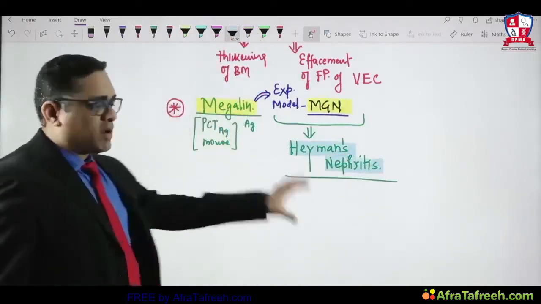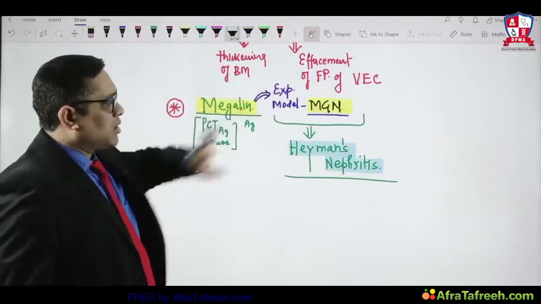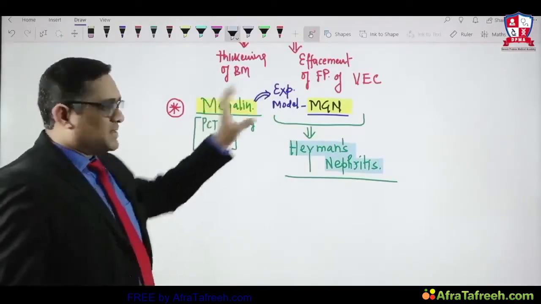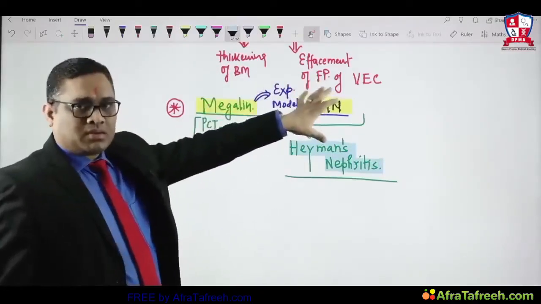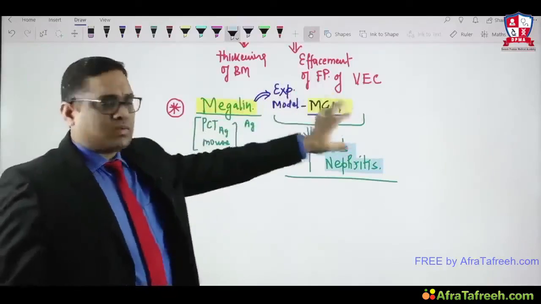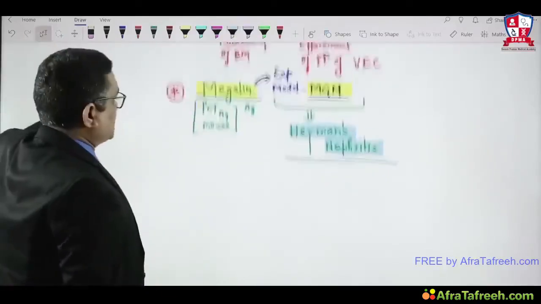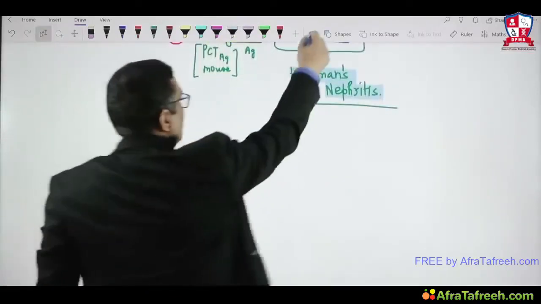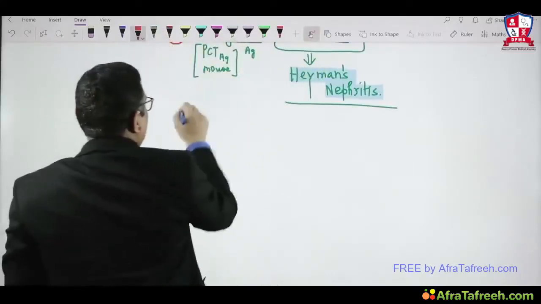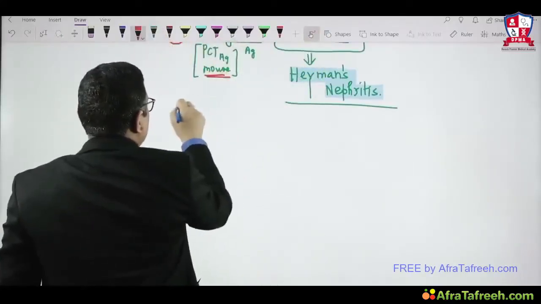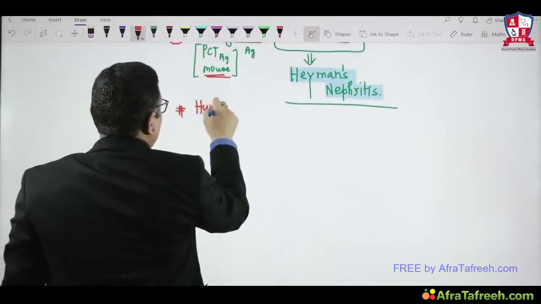It was an experiment on the mouse, and this is seen in human beings. Second thing, corresponding to the megalin antigen, because megalin was present in mouse. So what is present in human beings?